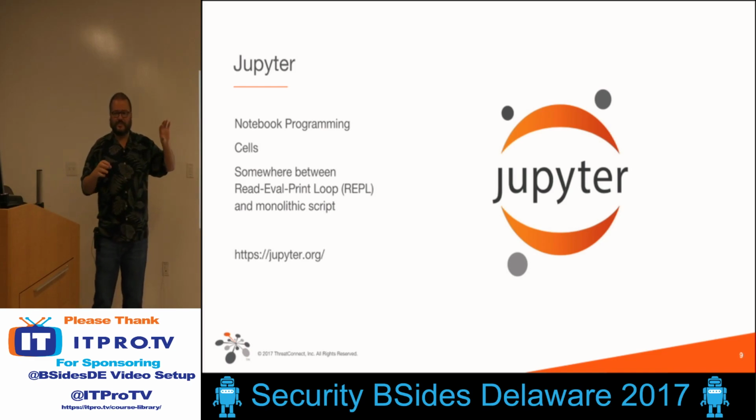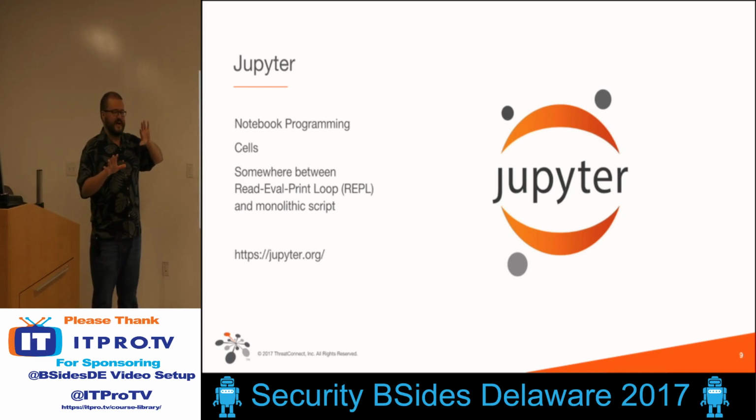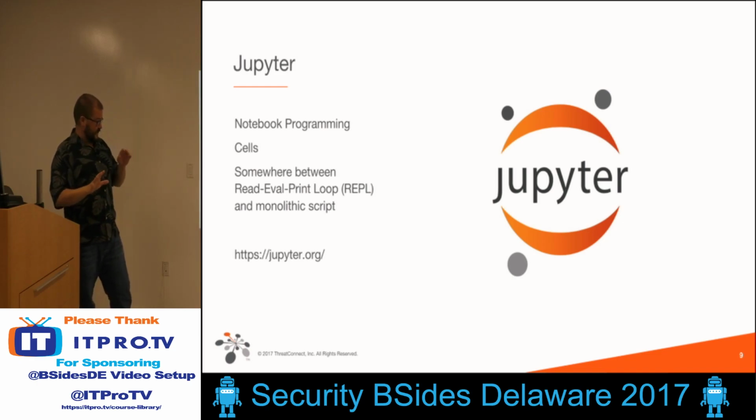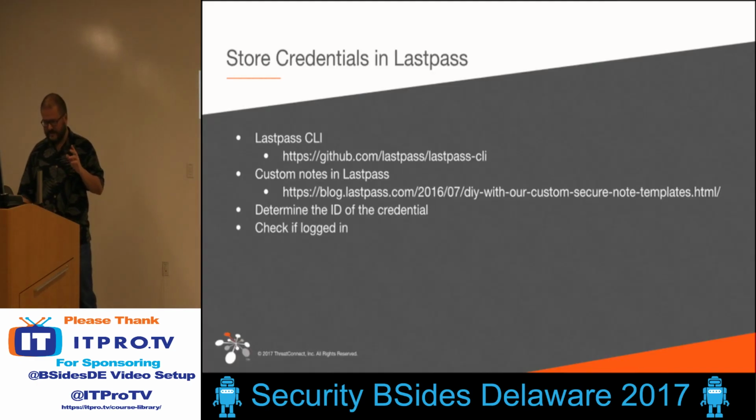So notebook programming is a hybrid where you get some of the benefits of being able to run a line of code and see what that line's output is, and you also have the benefits of looking at your monolithic script at the same time. We're going to see exactly what this looks like in a moment.